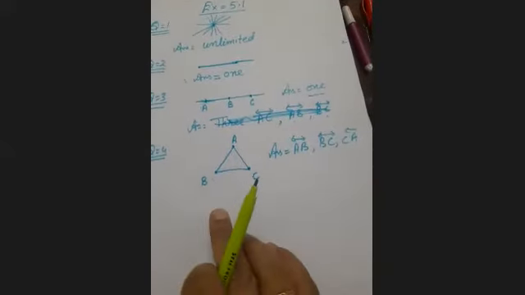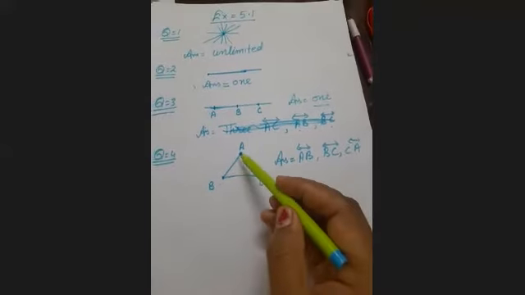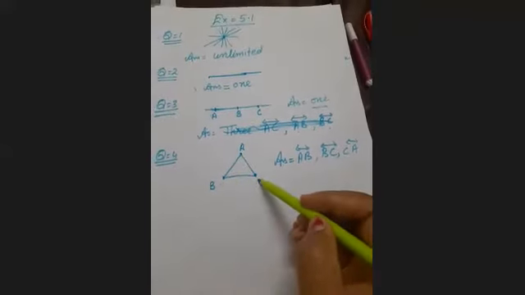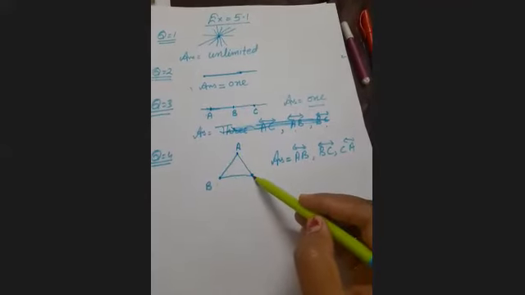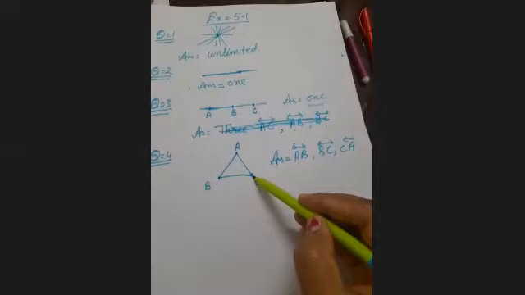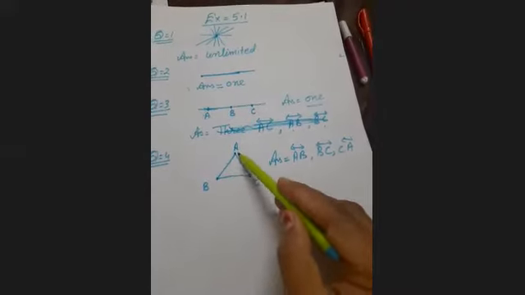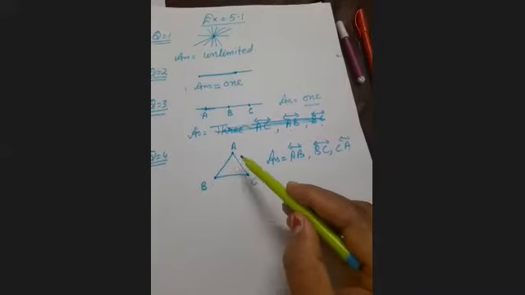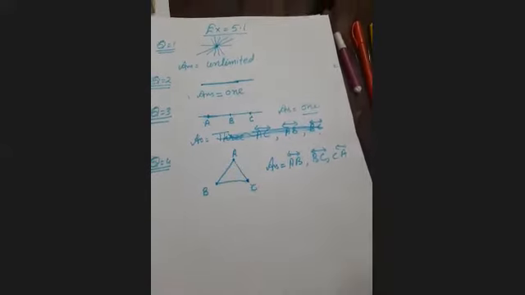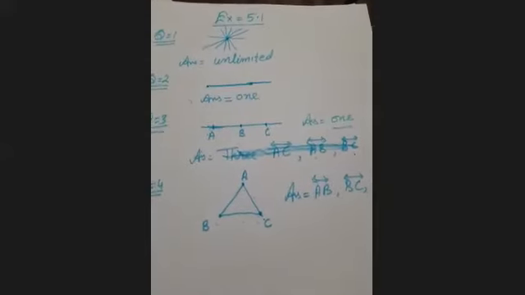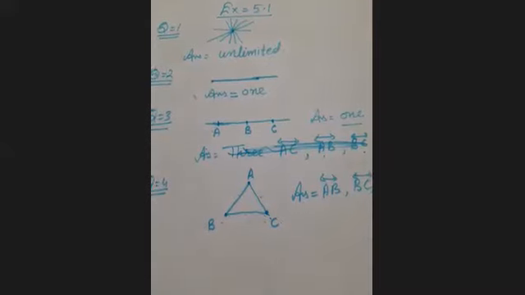And your fourth question is mark 3 non-collinear points A, B, and C. Now join these points and find how many lines you can draw. We have 3 lines: AB, BC, and CA. In the third question, sorry, I think my statement was wrong.